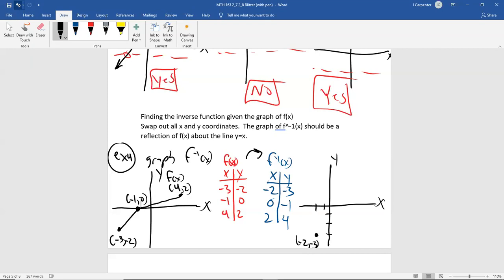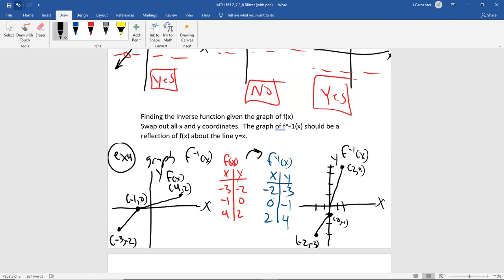Then the point (0, -1) is left to right 0 and down 1. So there's our (0, -1). And then (2, 4) would be right 2 and up 1, 2, 3, 4. Then connect. Now don't try and make that just one straight line because this did not look like one straight line. So here is our graph of the inverse function.